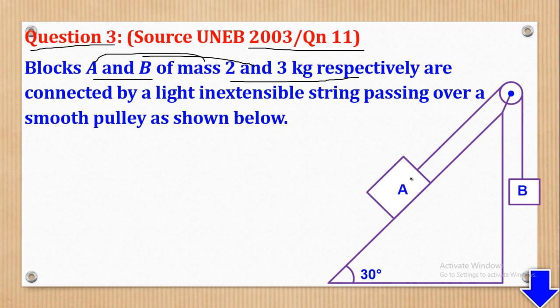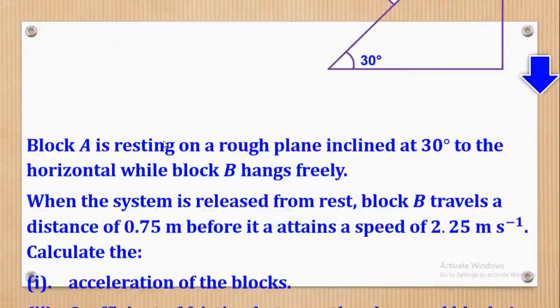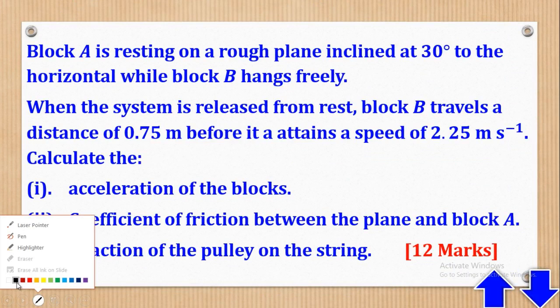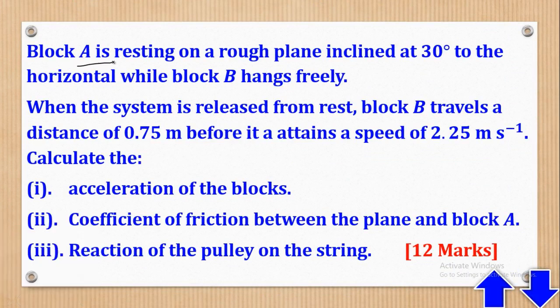So in this case, they have helped us by drawing the sketch for us. So this is A, which is 2 kilograms, and this is B, which is 3 kilograms. Block A is resting on a rough plane inclined at 30 degrees to the horizontal, while block B hangs freely.